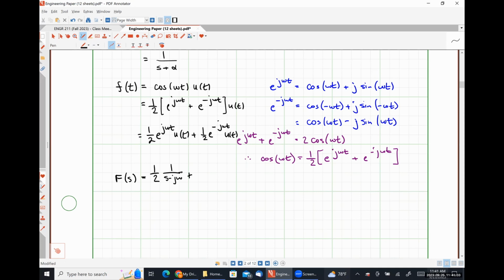Now I want to do the Laplace transform of this part. So in this case, alpha is just j omega. So we would have 1/2 divided by s plus j omega. We could leave it like this, but I see complex conjugates, and so I know that I can fancy things up even further.